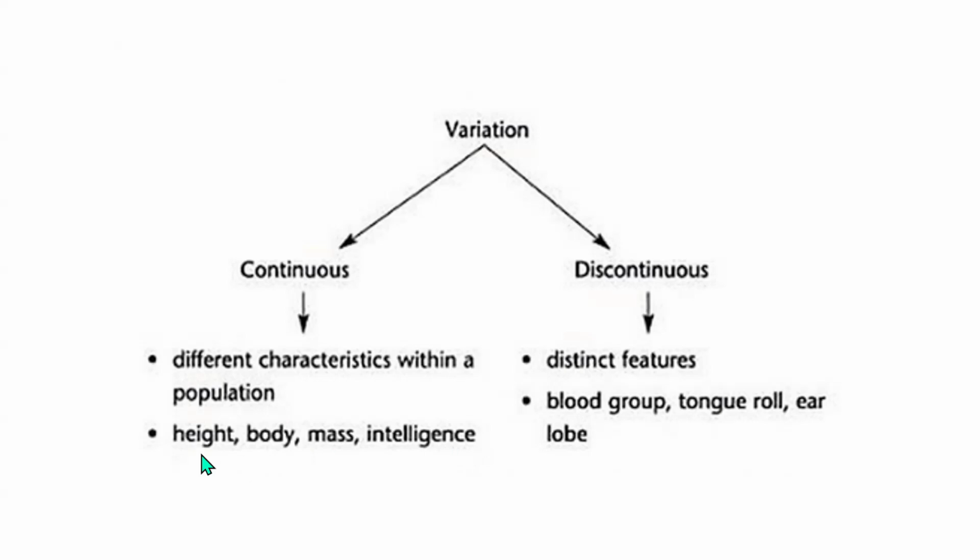Height can change, the body shape can change, the weight or mass of the body can change. But in the case of discontinuous variation, we have, for example, blood group. If you have blood group A, it will never change. Tongue rolling: if your tongue is rolling, then it's rolling, and if it is not rolling, then it is not rolling. So that is why it doesn't have intermediates.